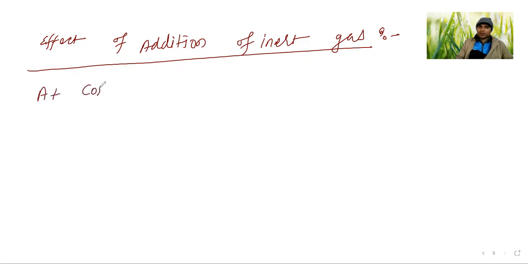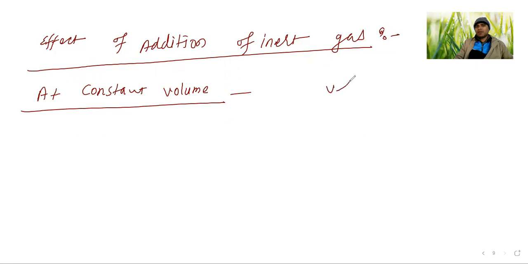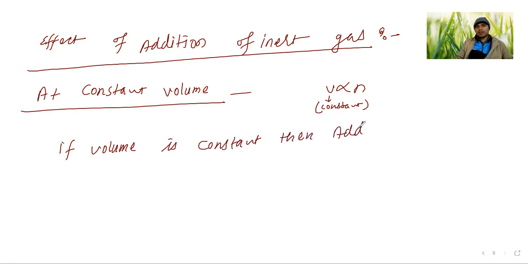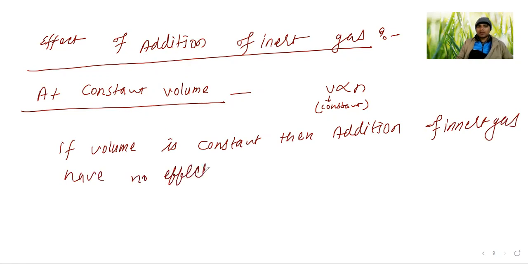So at constant volume, they are saying V is proportional to n. At constant volume, V is constant.